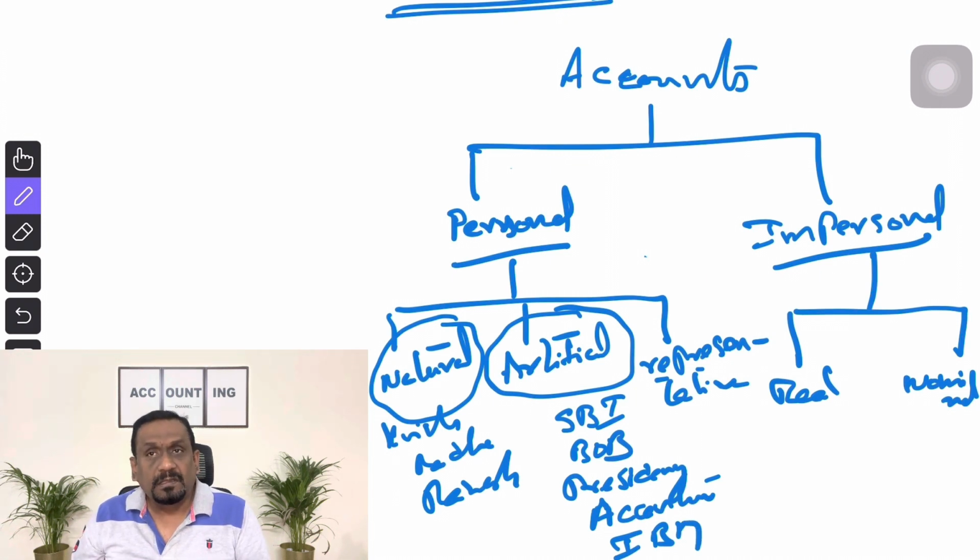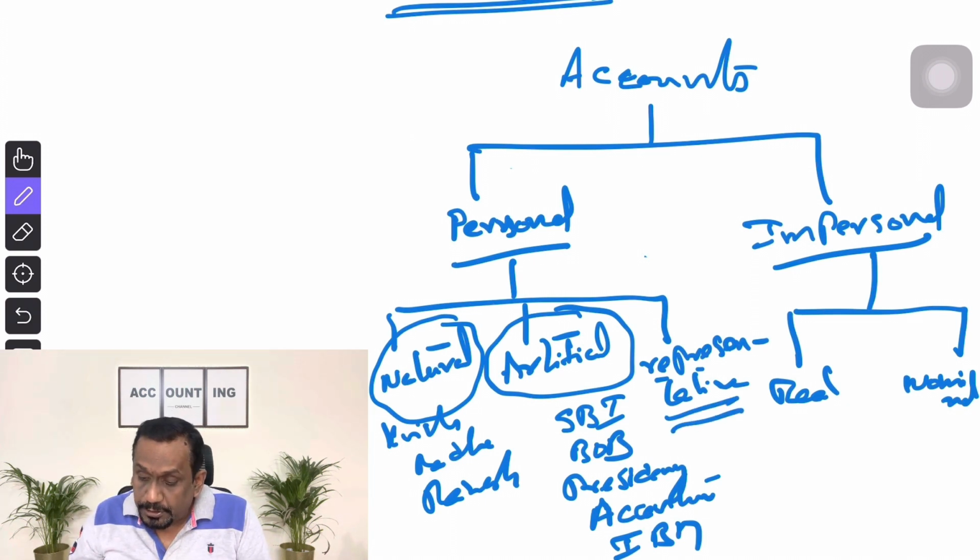What are these? These are all artificial persons created by natural persons. So SBI, Bank of Baroda, Presidency College, IBM, Accenture, Genpact, all these are artificial persons created by the natural persons, and those are going to act as persons only.